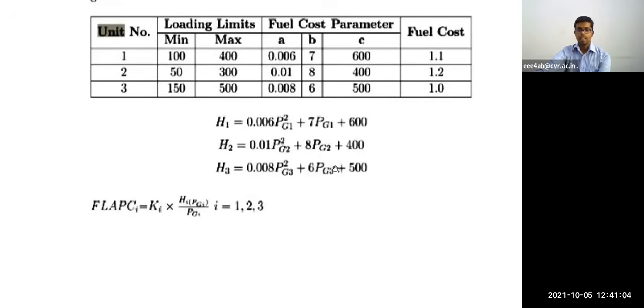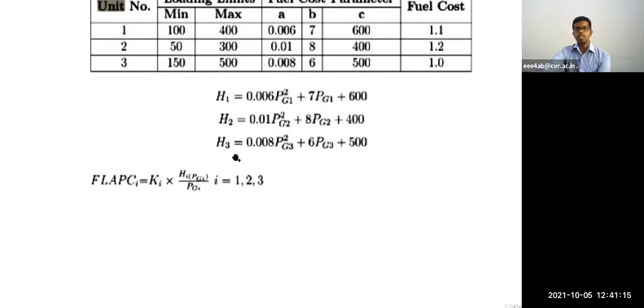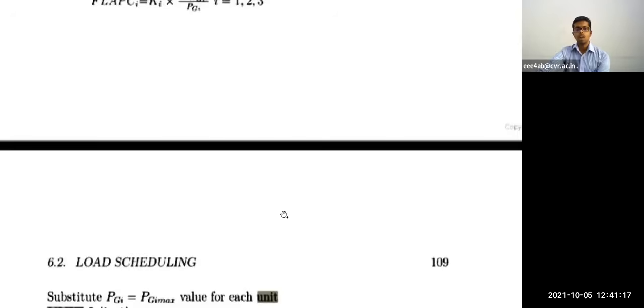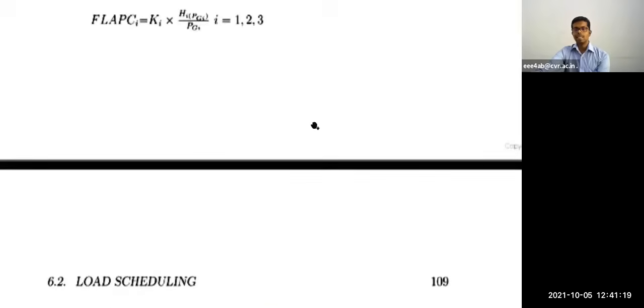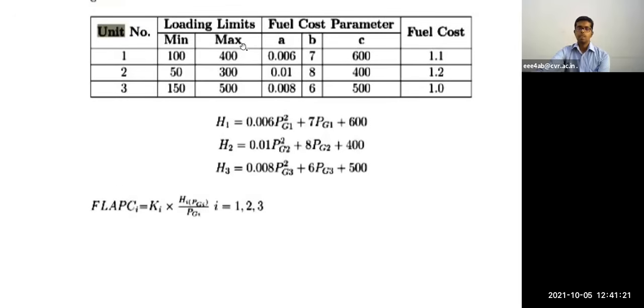Otherwise, you need to go for economic load dispatch to calculate PG1, PG2, PG3, and substitute those values. Or sometimes you can consider them from the minimum and maximum loading limits.